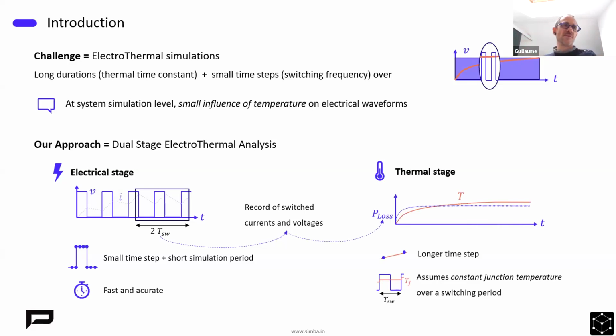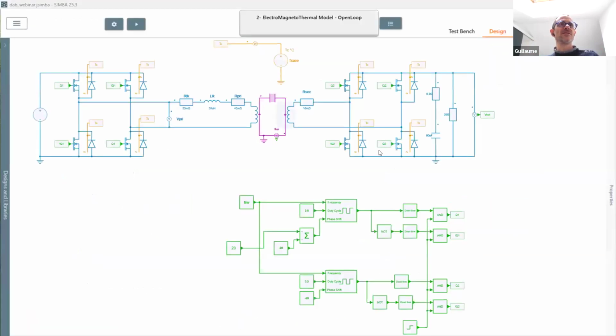This is the small assumption made, and you will see that it's quite impressive because it makes it possible to speed up simulation by 5 to 20. So let me show you a first example before Emmanuel takes the floor.